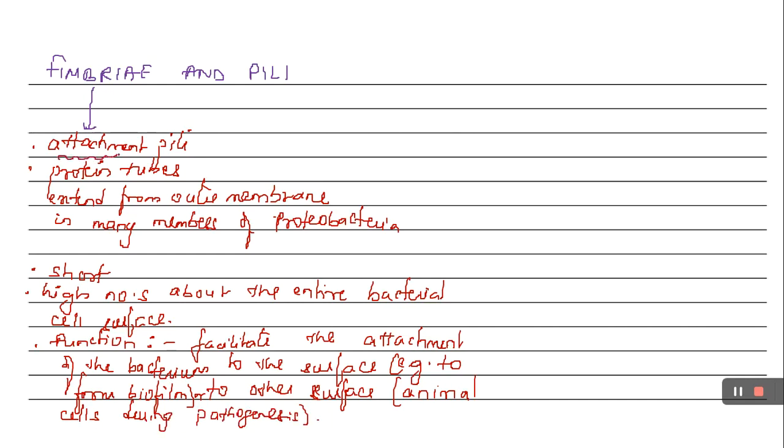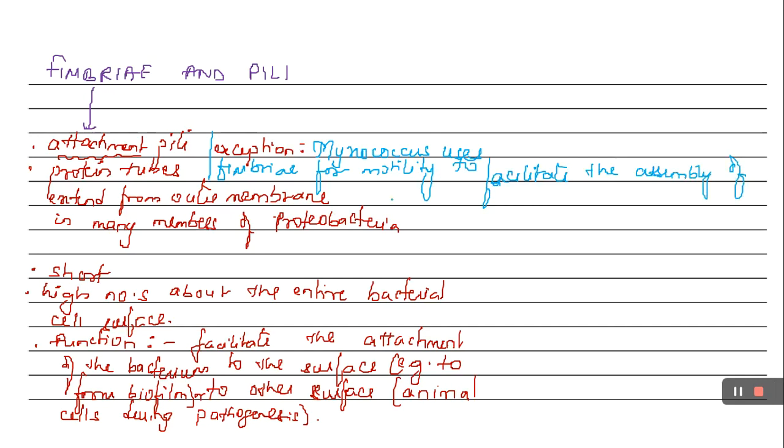It is mainly for attachment, but the exception is Myxococcus, which uses fimbriae for motility, and to facilitate the assembly of multicellular structures such as the fruiting body. So this is for fimbriae.